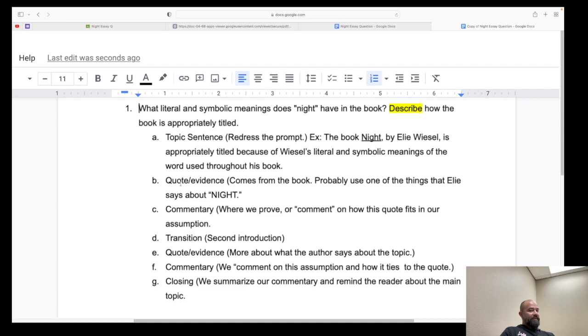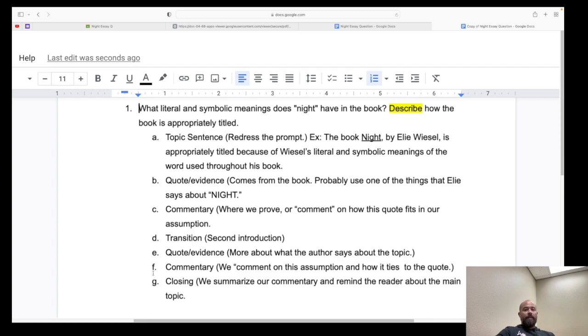The second sentence or two is going to be this quote evidence. The next sentence or two is going to be this commentary, then transition, then the next quote evidence, then the next commentary, and then the closing. So if you can count, that's 1, 2, 3, 4, 5, 6, 7, at least 7 sentences. That's a pretty big paragraph.